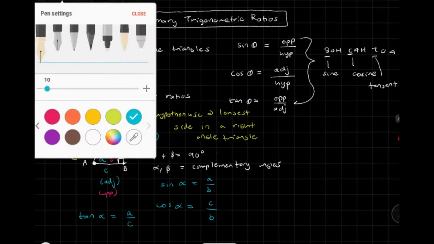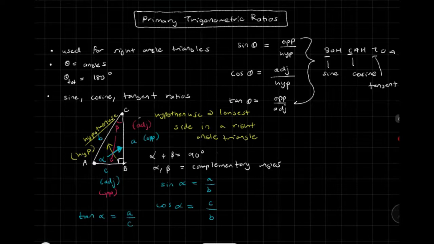Okay? Now let's take a look at if beta was the reference angle. Sine beta is now, the opposite side is now going to be C, so it's C over the hypotenuse, which is B. Cosine of beta is equal to the adjacent side, right?